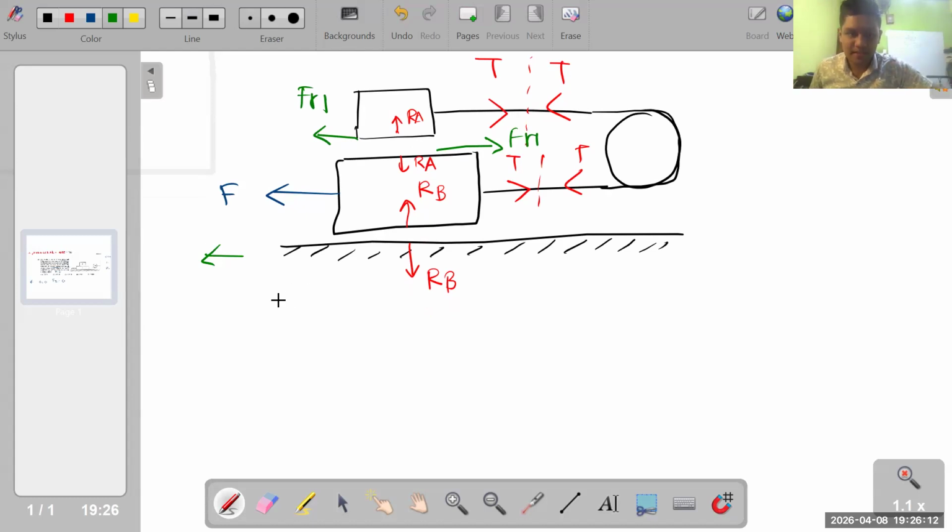The opposite of it, which means in this direction. So here the floor will be pushing the mass B in this direction, which is friction 2, and the mass will be pushing the floor in this direction, which is friction 2, right?